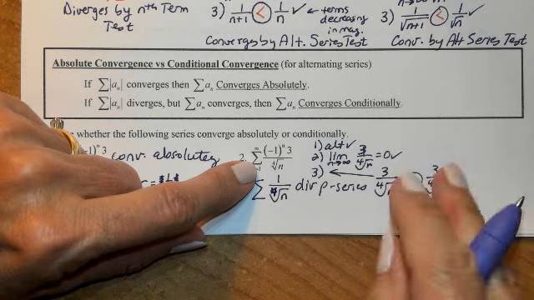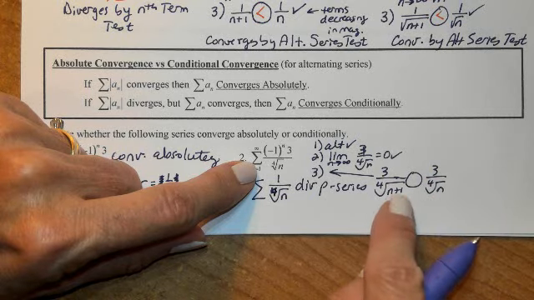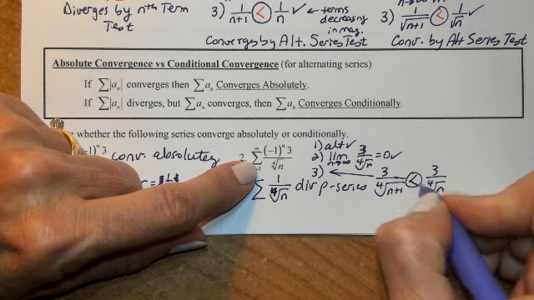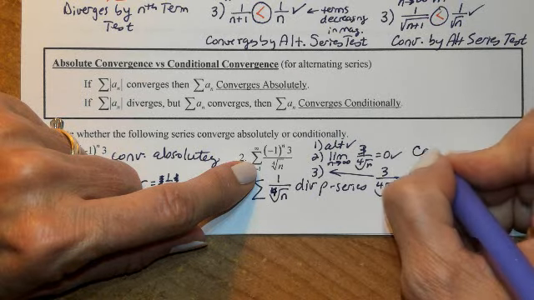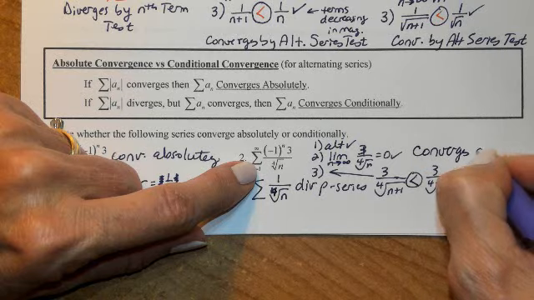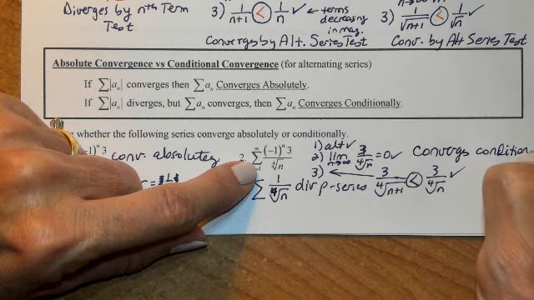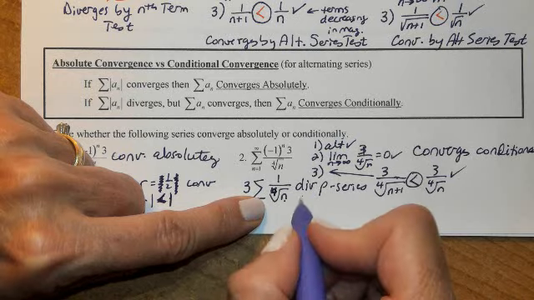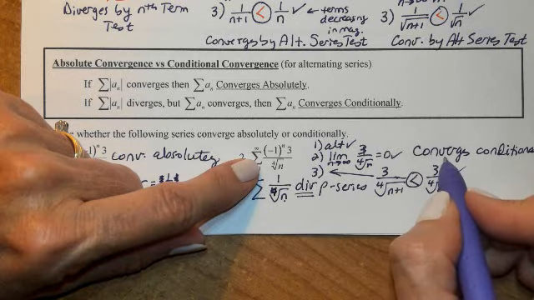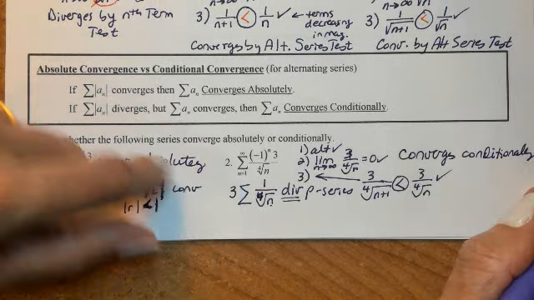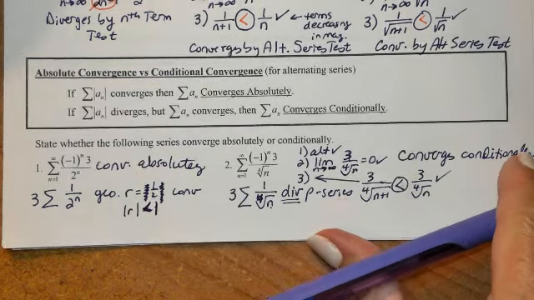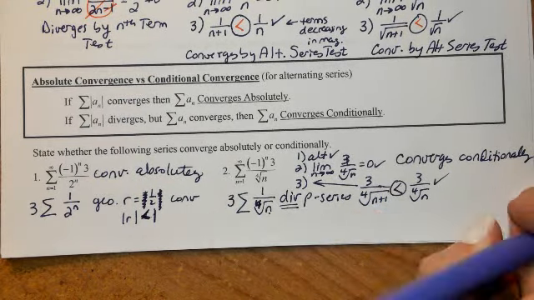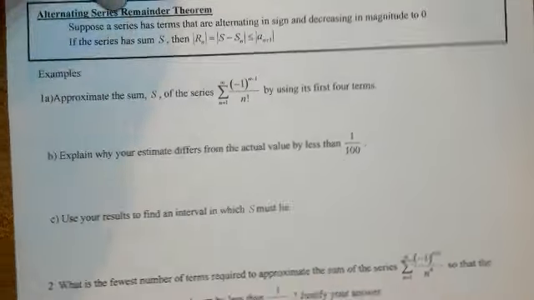Yes, because the numerators are the same and the left denominator is larger than the right denominator, so this is going to be less than. Check. So this one converges conditionally because the non-alternating diverged, but the alternating converged. Okay? Very good. So far, students usually really like this alternating series test. It's not a problem.